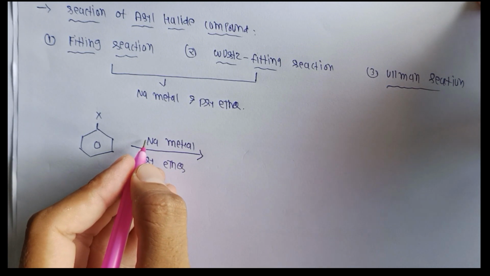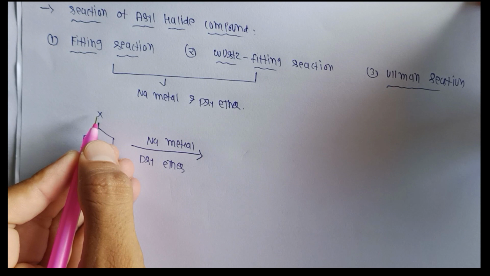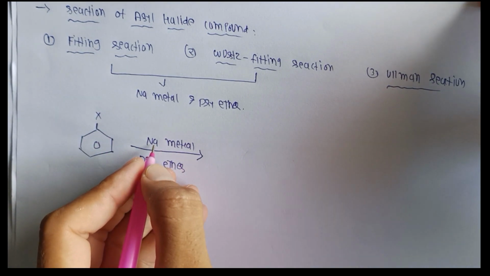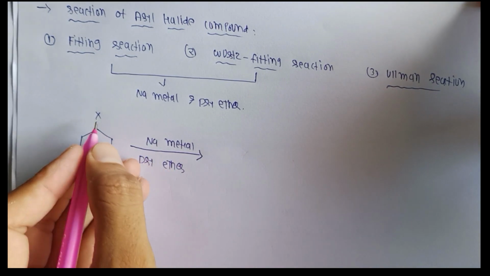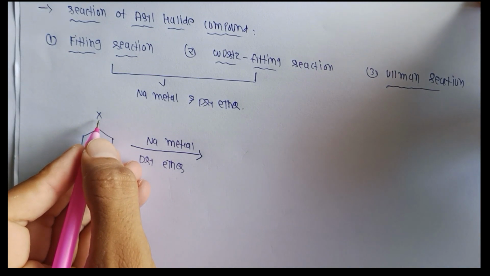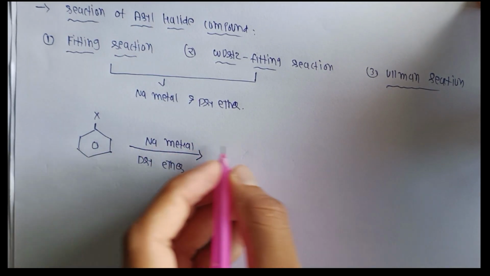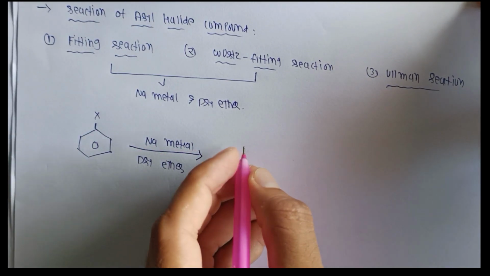Here sodium has a positive charge and the halogen is electronegative, meaning a negative charge. Both complete the reaction and the byproduct is NaCl.